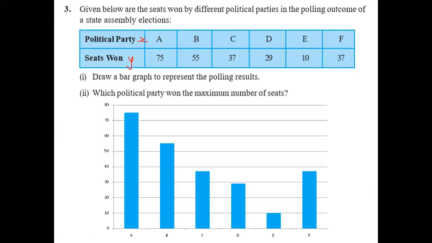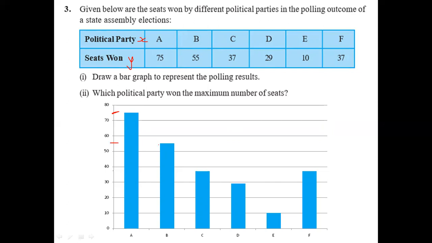So I will draw the graph. On the x-axis, I have the political parties as I have represented, and the seats won are on the y-axis. Now A is 75, so about here. Then I have B, which is 55, again somewhere in between here.